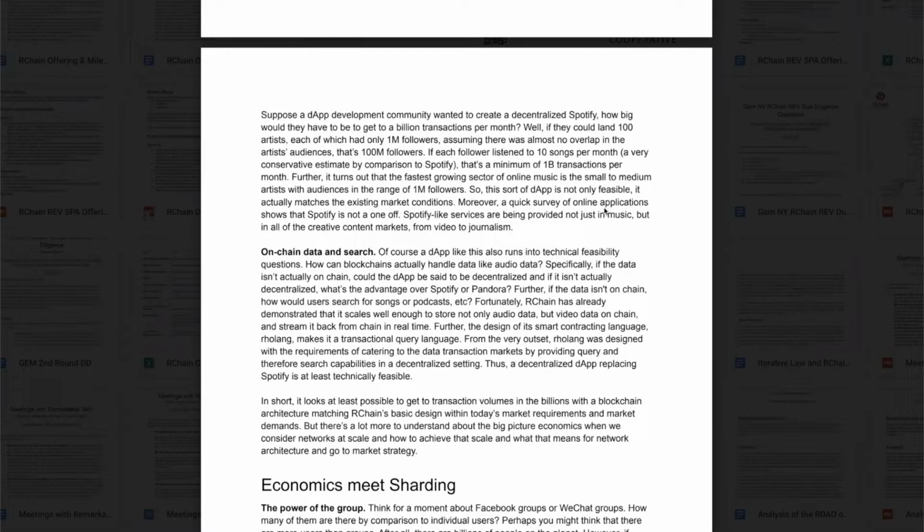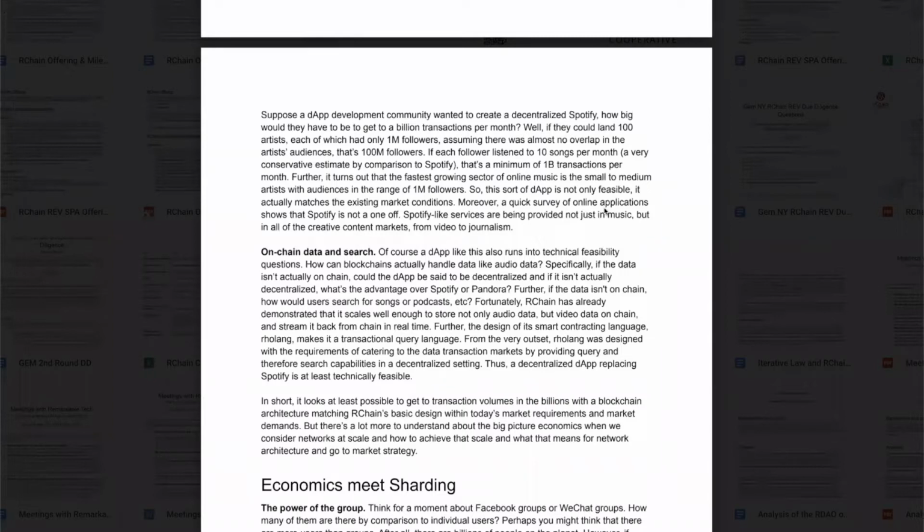And moreover, if you're not decentralized, so you're hopping from, say, Ethereum to something like IPFS, then you've lost the ability to easily search for songs or podcasts or whatever, right?